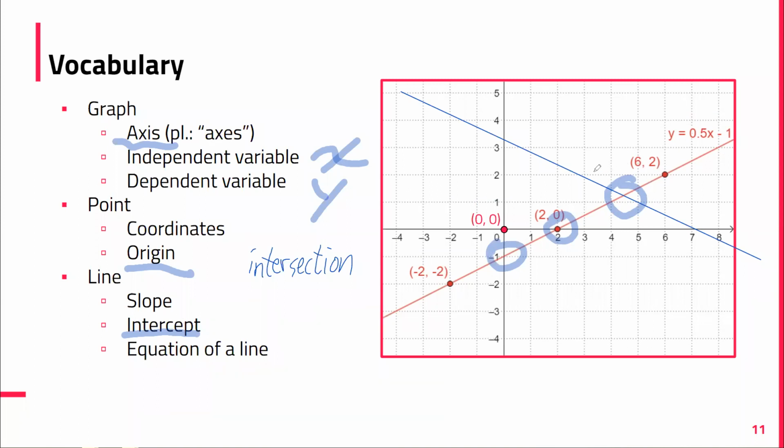So intersection is the more general term, but if we're talking about this one or this one, where the red line is crossing the x-axis or the y-axis, specifically that's an x-intercept or y-intercept. Slope, we talked about as sort of the steepness of the line. Does it go up or does it go down? Does it go up very quickly or just a little bit? And we'll talk about the ways of calculating that today. So those are the terms we'll need.